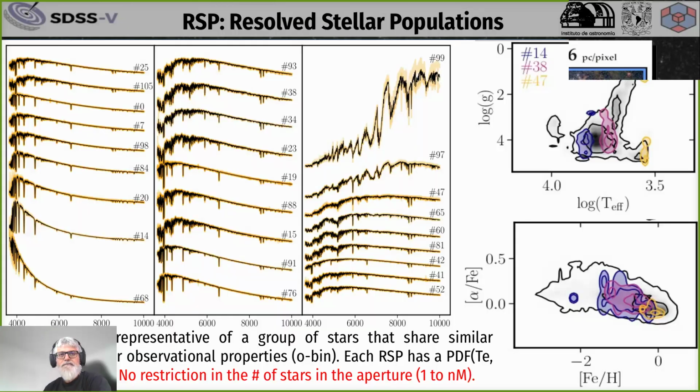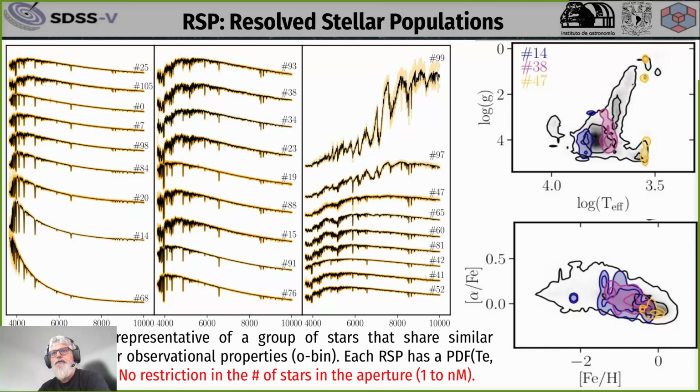So what we have done is to create a different way to represent the stellar continuum, and we basically fit individual spectra that are representative of a certain type of star.